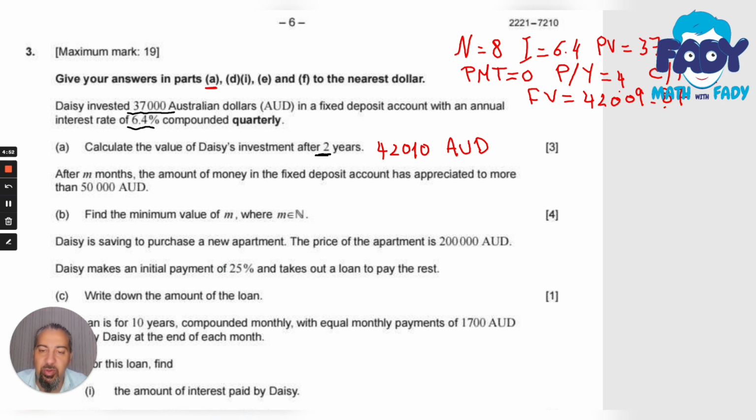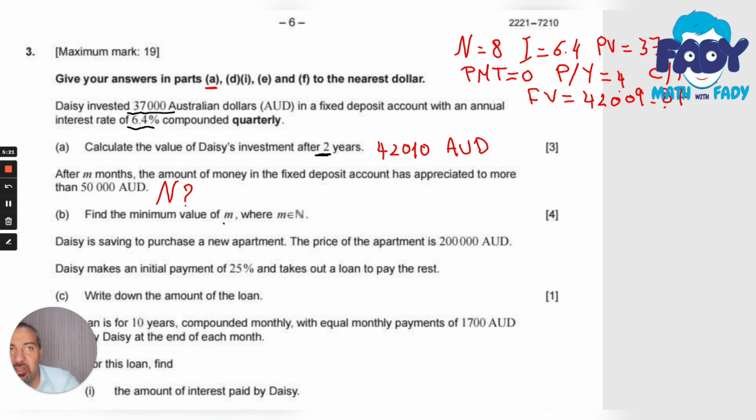Find the minimum value of m, where m belongs to the natural numbers, meaning m is a positive value without decimal. We need to find how many months until her money will be more than 50,000 AUD. To calculate how many months, we need N in the calculator.